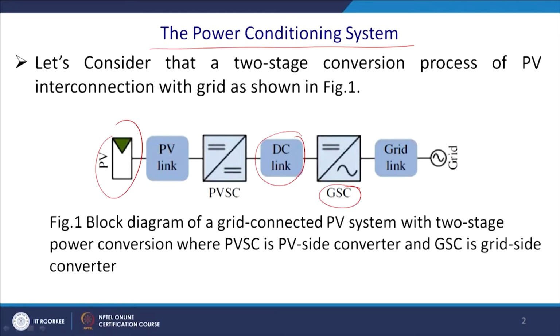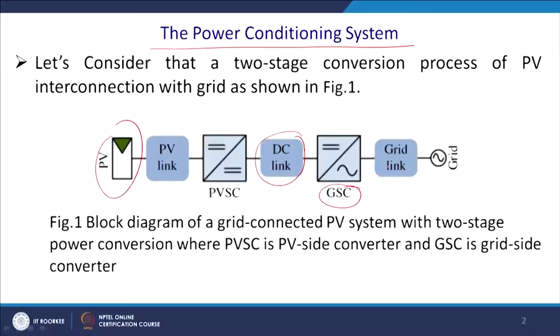Essentially it is a PWM inverter, and for this reason it will inject high frequency harmonics, and to bring that harmonics level down to the desirable level you have the filter, essentially that is your grid link. So, for this reason let us consider this two stage conversion of the PV interconnection with the grid as shown in the figure.